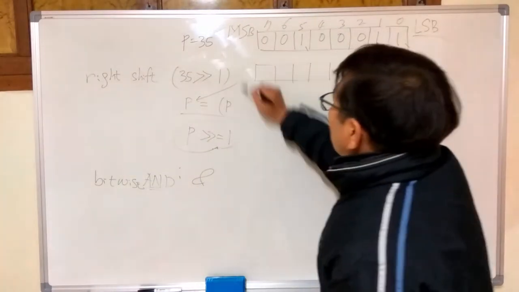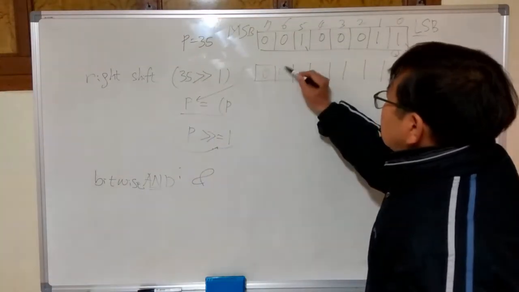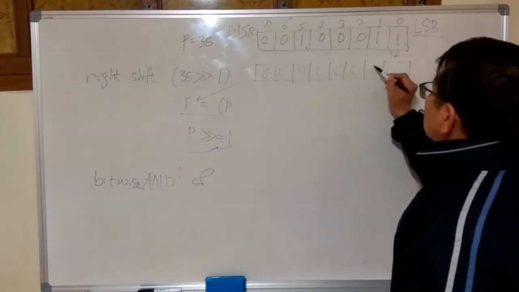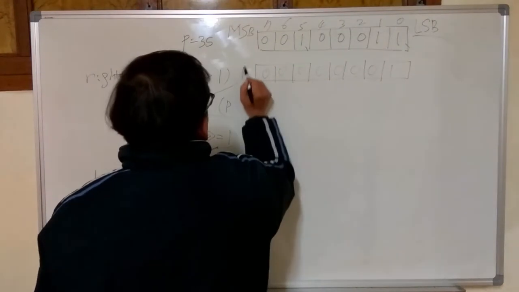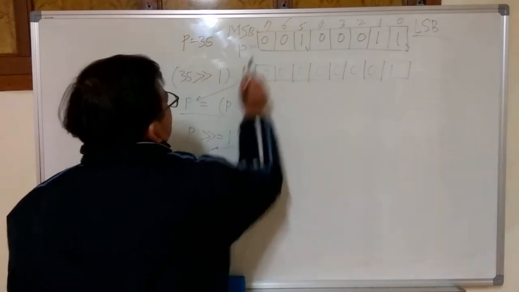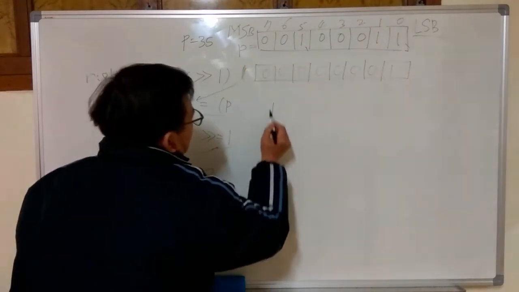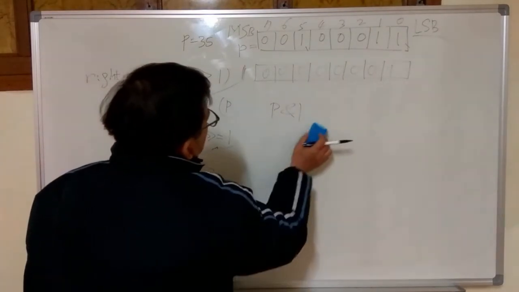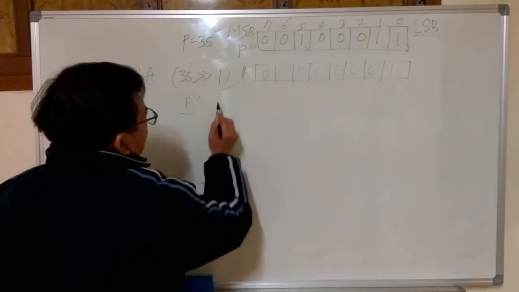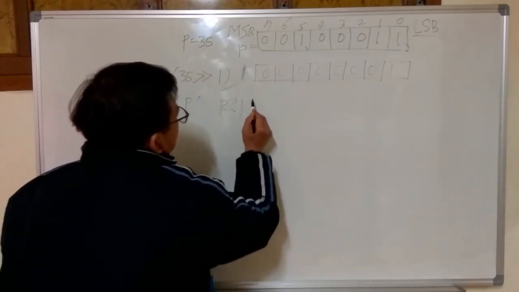Number one is represented like this. This is 1. This is P. If we AND P and 1, it will be something like this.